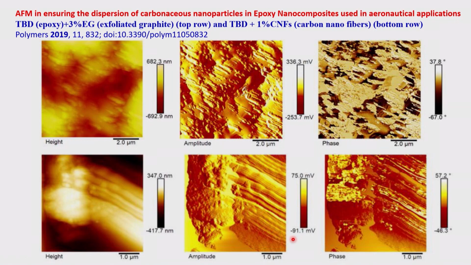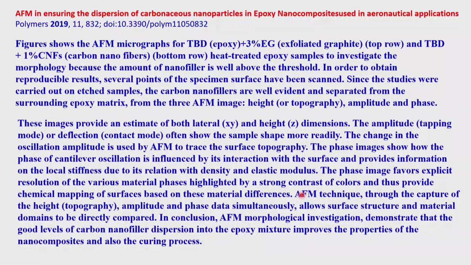So the same kind of things. The height is given in nanometers, the amplitude is given in millivolts, and the phase is given in degrees. So you can see degree wise, millivolts wise, and nanometer wise.